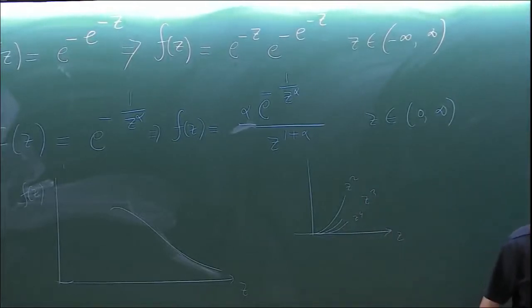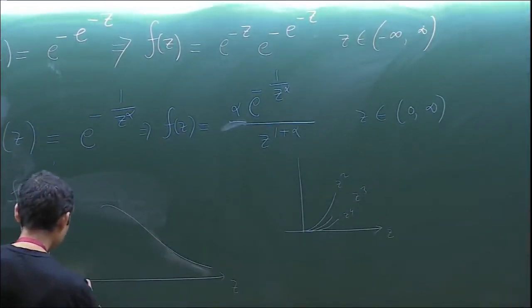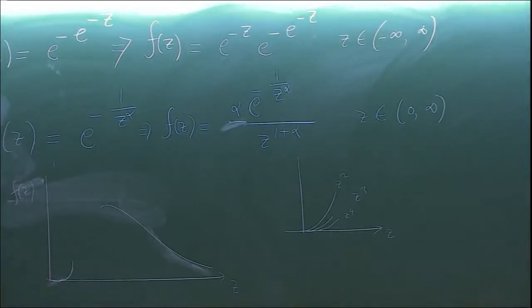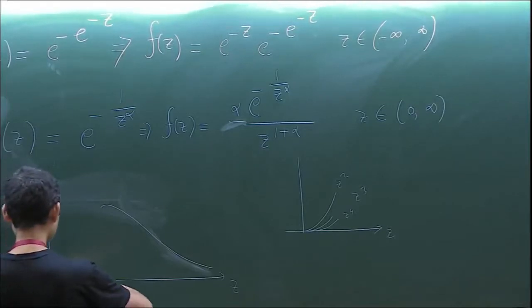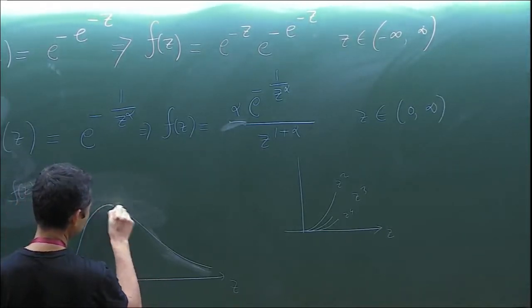So now if you have a function whose all derivatives are 0 at z equal to 0, that should rise very slowly, right? So this is a function which rises very slowly. Then it goes up and its value becomes 1, but then this guy takes over basically, right?